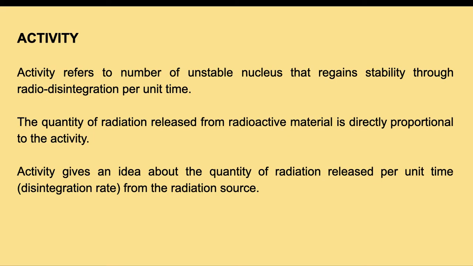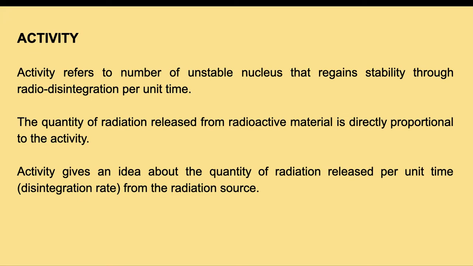And activity. Activity refers to the number of unstable nuclei that regain stability through radio disintegration per unit time. That means normally you are writing it as dN by dt. The quantity of radiation released from radioactive material is directly proportional to the activity.